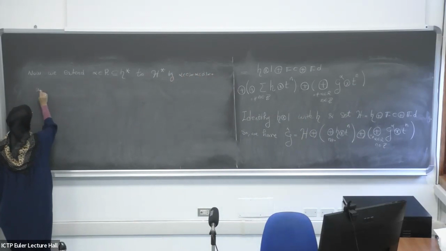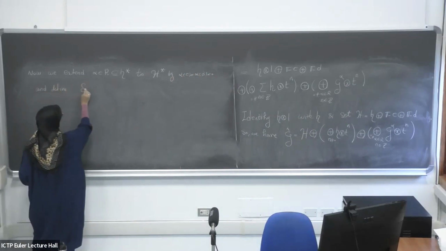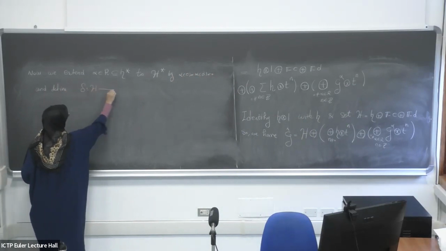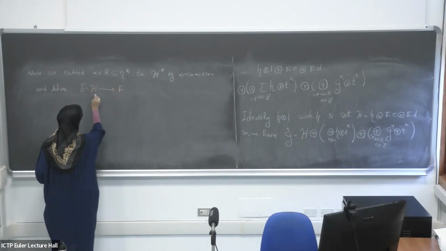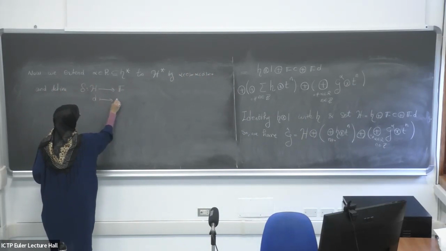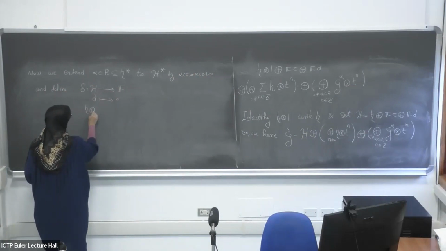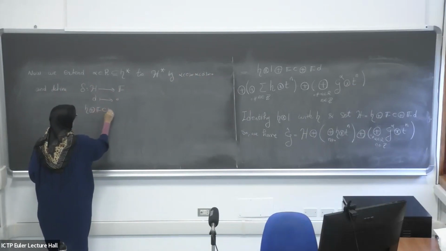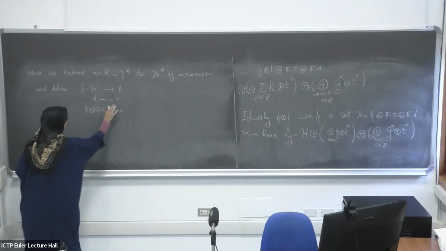And define delta from H hat to F, which maps D to 1, and H direct sum FC to 0.